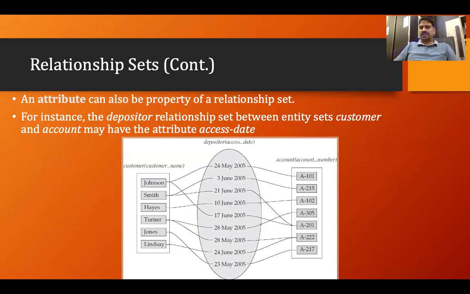A relationship which is in between two entities may also have attributes. It is not compulsory that the relationship set has attributes, but there is a chance that it may.